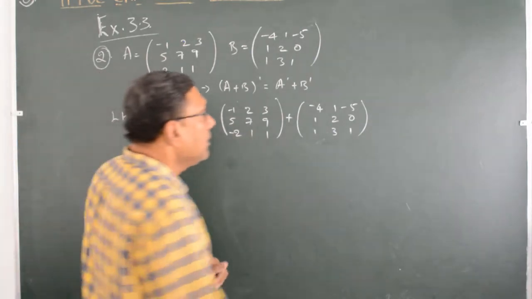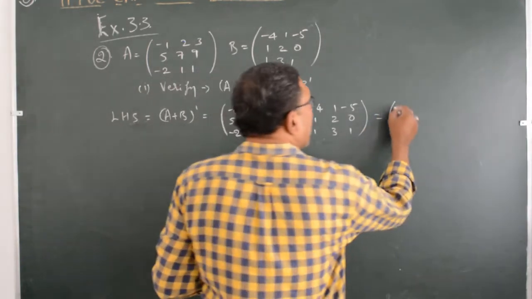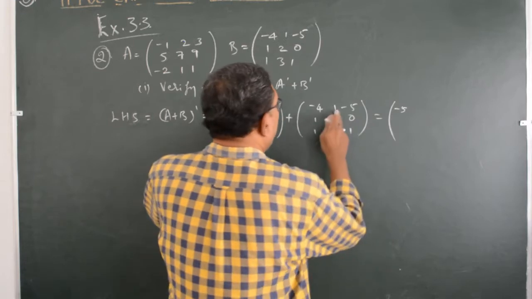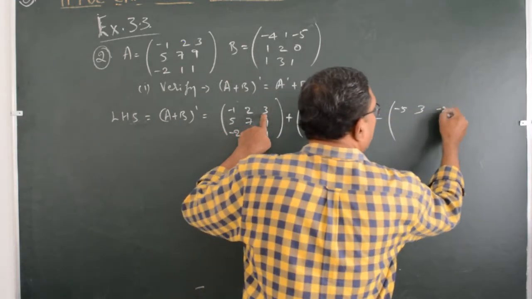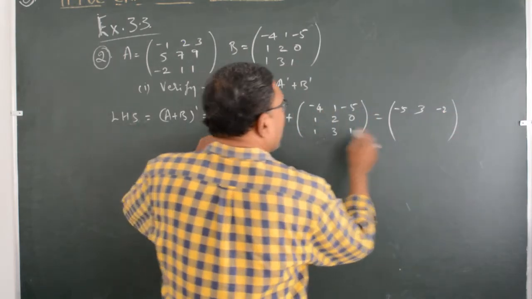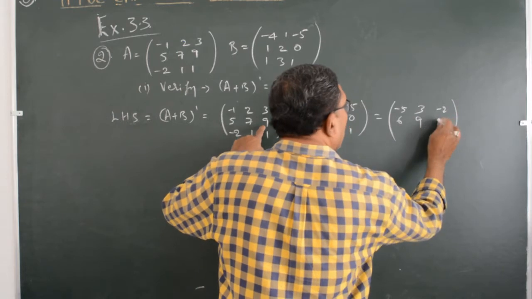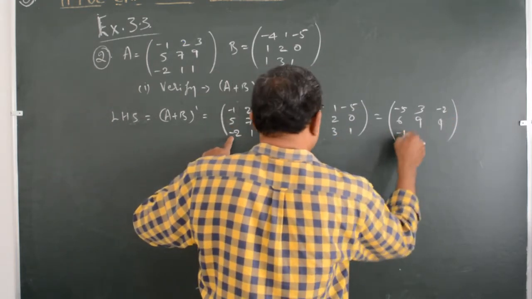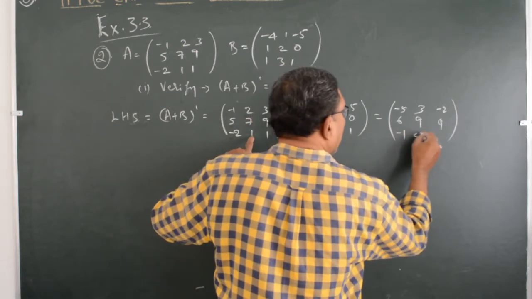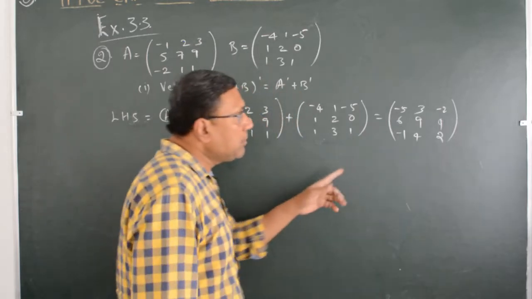Minus 1 plus minus 4 is minus 5. 2 plus 1 is 3. 3 plus minus 5 is minus 2. 5 plus 1 is 6. 7 plus 2 is 9. 9 plus 0 is 9. Minus 2 plus 1 is minus 1. 1 plus 3 is 4. And 1 plus 1 is 2. This is my A plus B.